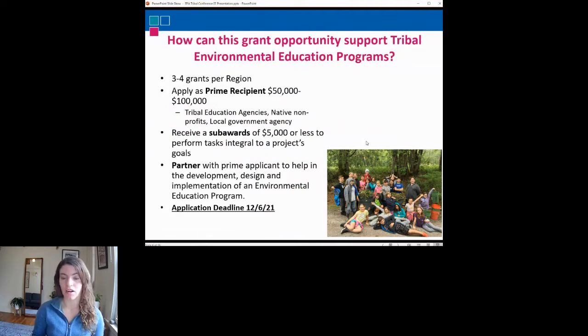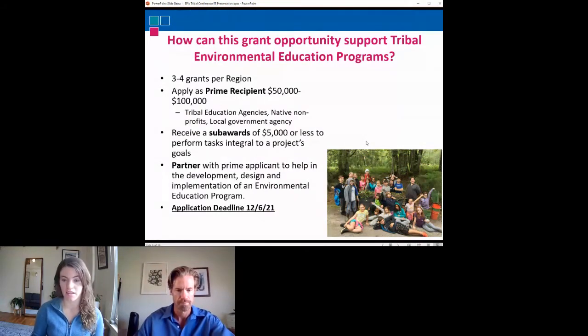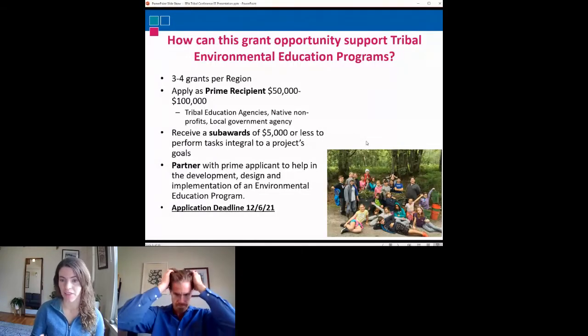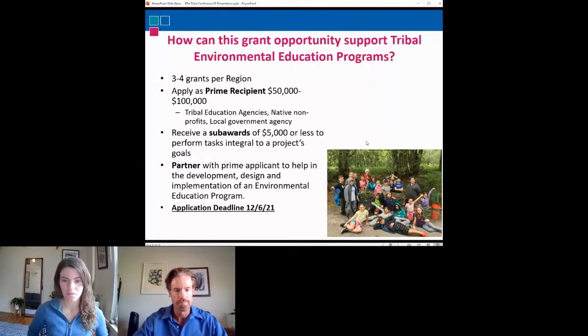The grant also requires that subawards are given. So you could receive financial support through this grant as a prime recipient or as a subaward for $5,000 or less. So you could be the prime recipient or you could partner with another organization.